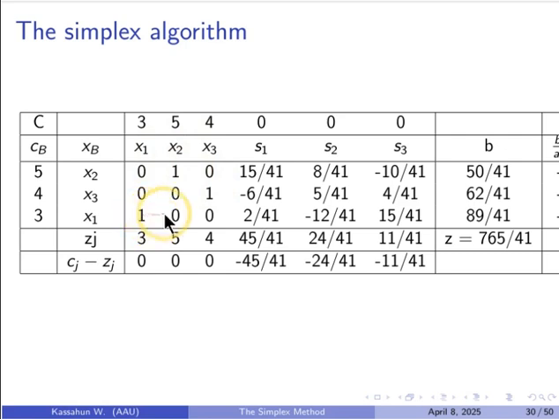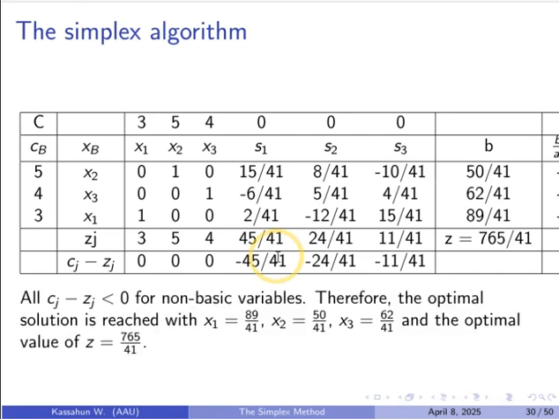Now look at this. Computing zj. Just the dot product of this with this is 3. The dot product of this with this is 5 and so on. So by solving we get this result, which is 0, 0, 0, negative, all of them are negative. So this is the criteria, because the criteria is fulfilled, that is optimality is reached.